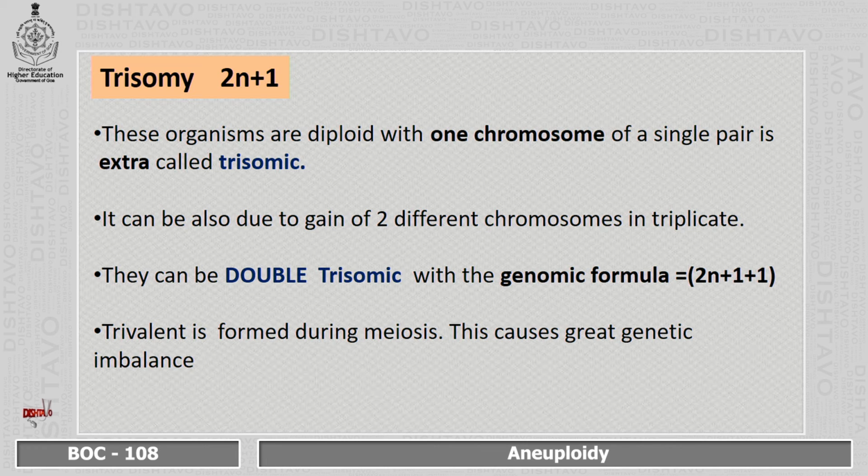They can be double trisomics, means in one pair 3 and another pair 3 chromosomes. So, we call it as double trisomics. So, trivalent is formed during meiosis due to non-disjunction, and this causes a lot of genetic imbalance.